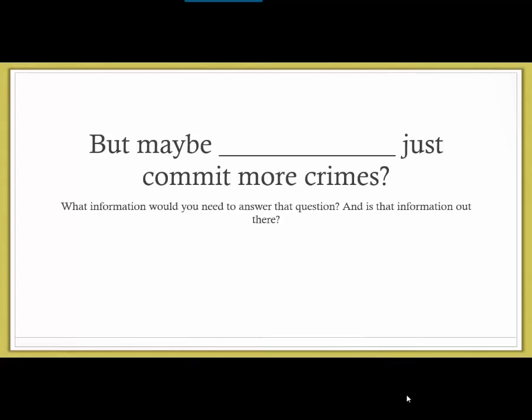Now, of course, the fact that some groups of people based on age, education, race, gender are over or underrepresented would not necessarily be more problematic if maybe those groups of people just commit more crimes.